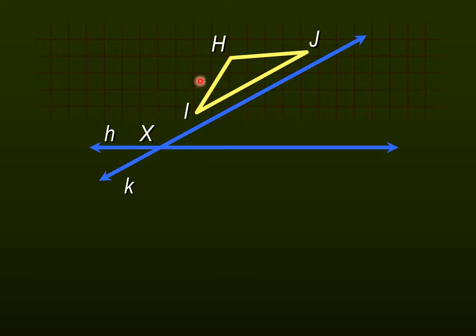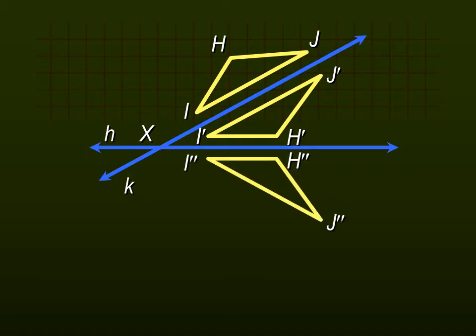So the first thing we're going to do is take this image, HIJ, and reflect it across the first line and get I prime, J prime, and H prime. And then we're going to take I prime, J prime, H prime and reflect it across the second line of reflection. And we get double H prime, double I prime, and double J prime.